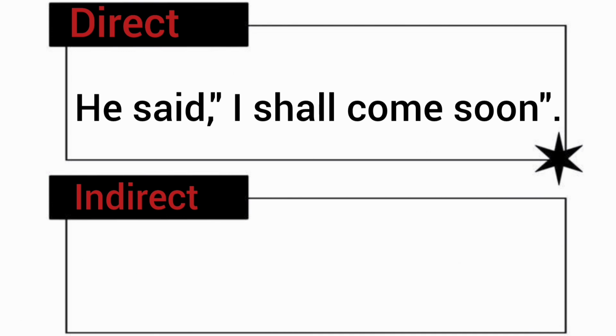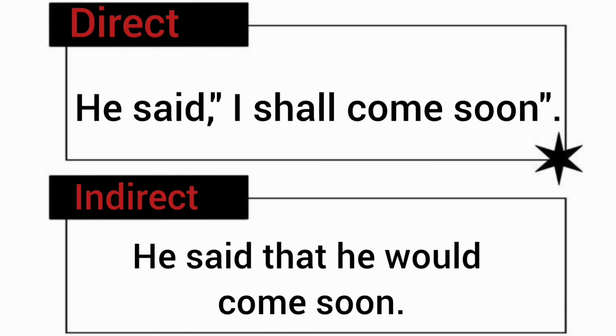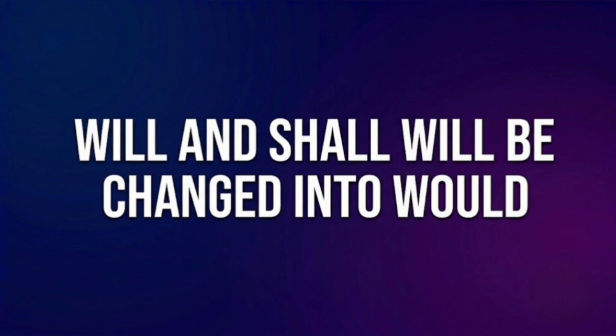Now here we have the helping verb shall, but it will be changed into would. He said that he would come soon. So this is the trick: if there is will or shall in the reported speech and the reporting speech is in past tense, both helping verbs will be changed into would.